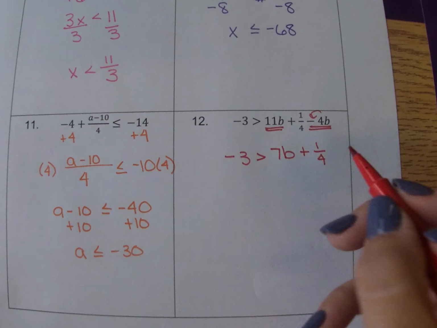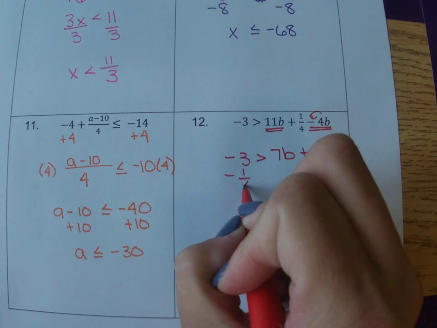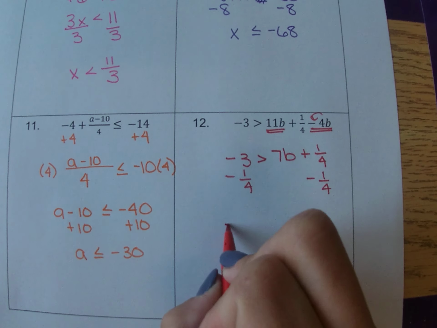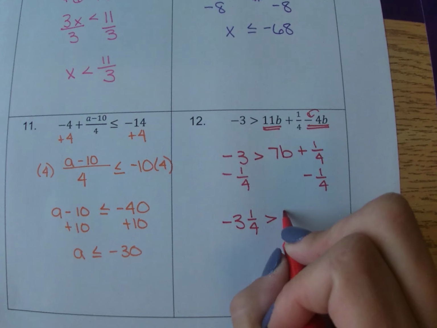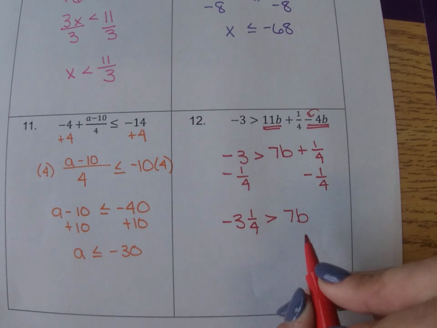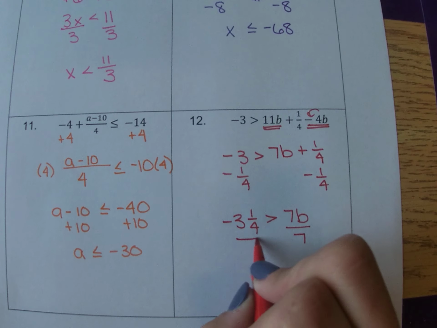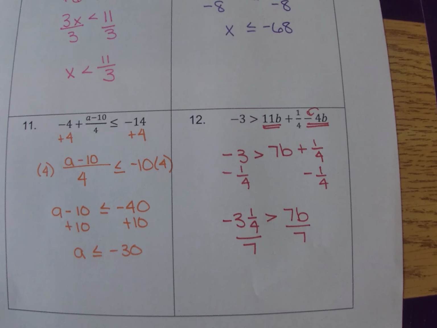Then just like I would normally do, I'm going to undo addition with subtraction. So if you need a calculator to help you with -3 minus 1/4, that's just going to give us a -3 1/4. And then we're going to undo multiplication with division. So even I'm going to check this one. So I'm going to put this in my calculator.